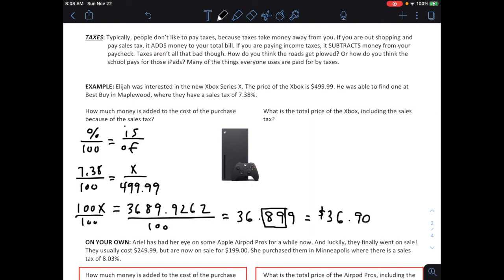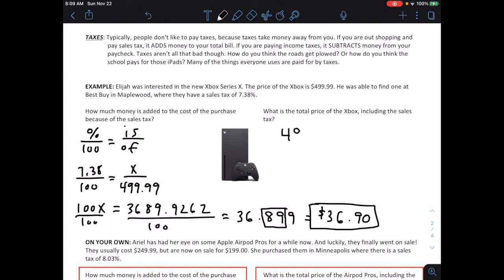Okay, so the tax that I'm going to pay, kind of using up a lot of space here, is $36.90. Okay, and so now the question is, what is the total price of the Xbox, including the sales tax? Well, remember I said that taxes are something that we have to add to the price of an item.